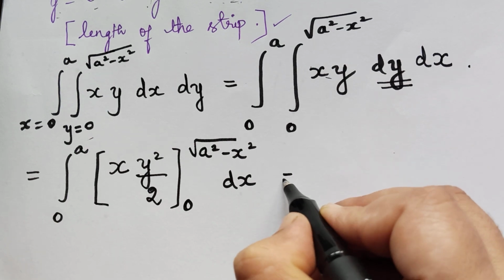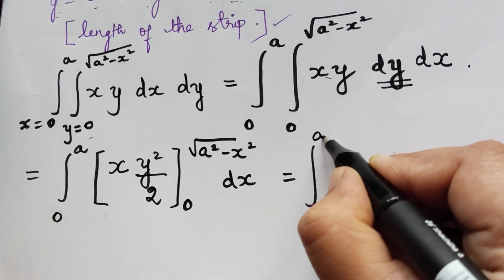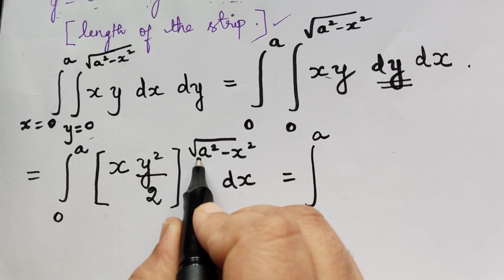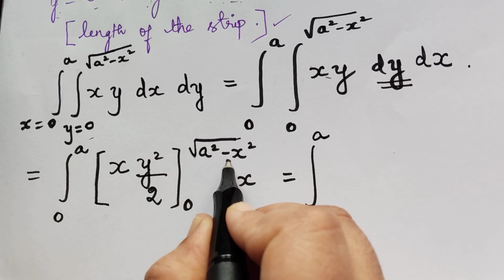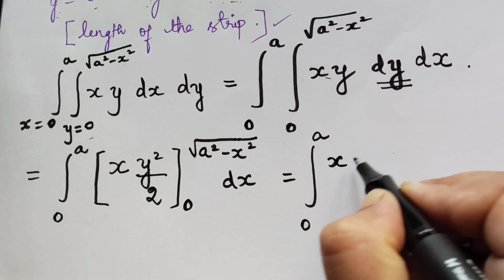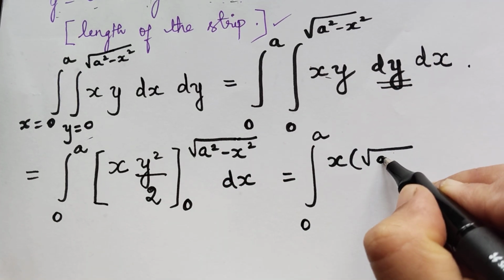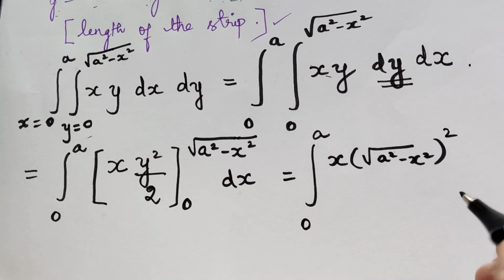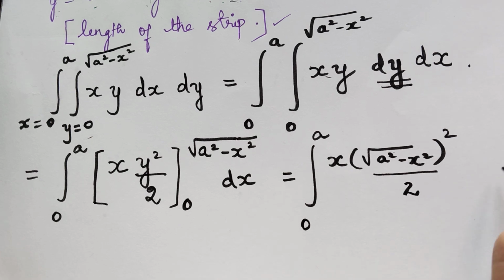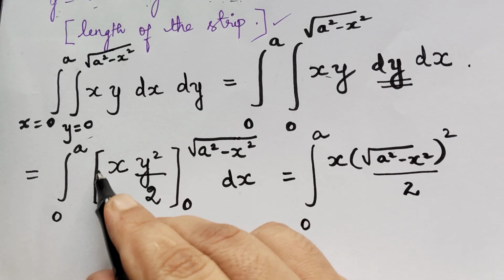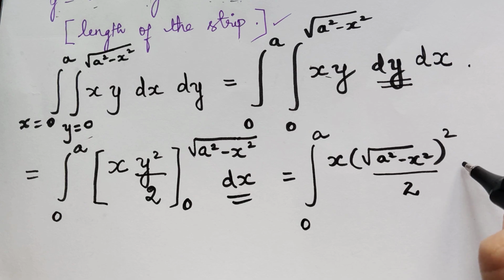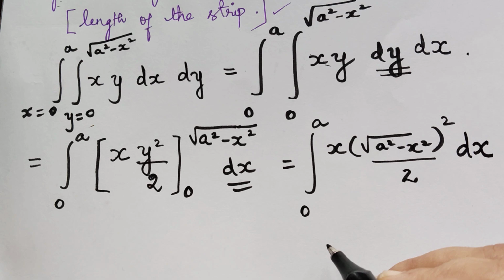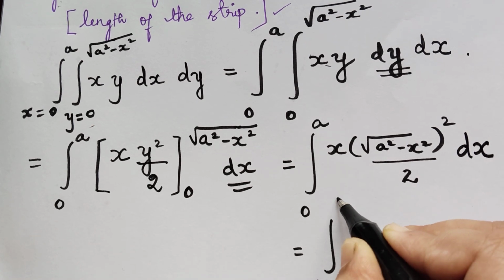That is equal to integral 0 to a. First we shall apply the upper limit. We integrated with respect to y, so in place of y we substitute square root of a square minus x square. So it will be x multiplied with the square root of a square minus x square, the whole squared, divided by 2, minus the lower limit, which becomes 0, and we write dx here. Next, this integral will be equal to integral 0 to a.